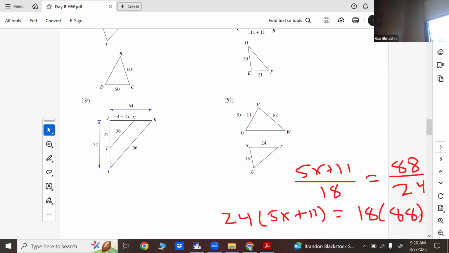So 19, I think you could figure out, but you have to know the parallel. You have to know these are parallel, so that then these are the same and these are the same, and then they share that angle, so it's a similarity. But you have to say that first. So for 19, I think they're looking for you to do this.